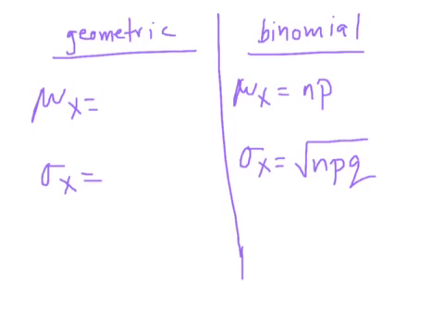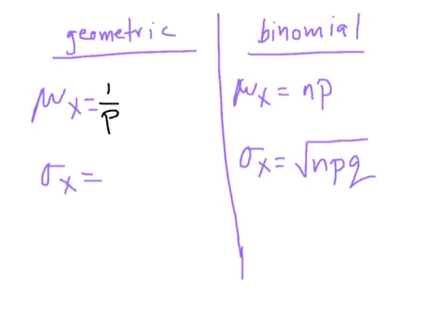In the free throw example, it would mean on average how many free throws would it take until your first success. Well, let's just say that you make 1 out of every 7 shots, so p is 1/7. On average, how many shots would it take for you to make one? Well, the answer would be, on average, it would take you 7. Turns out the formula here is just 1 over p. If you think about it, my example before with 1/7, if p is 1/7 and you just flip the fraction, you end up with 7.